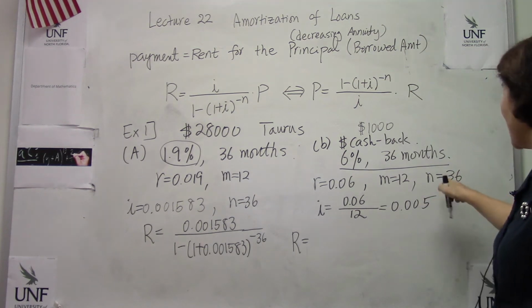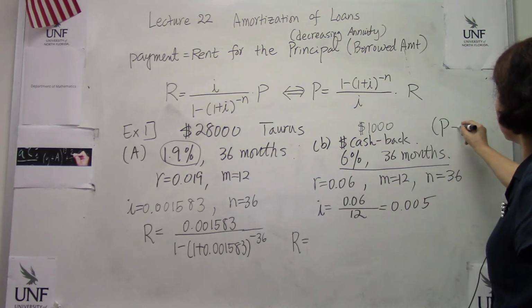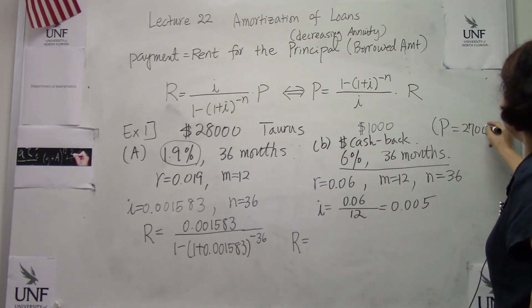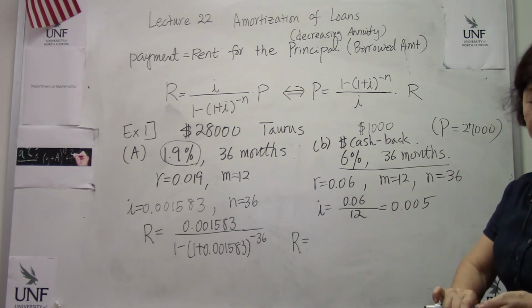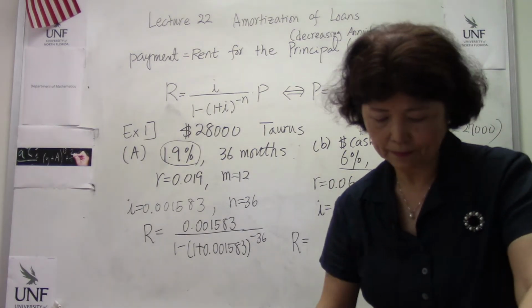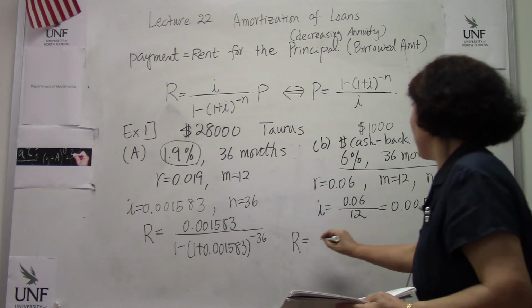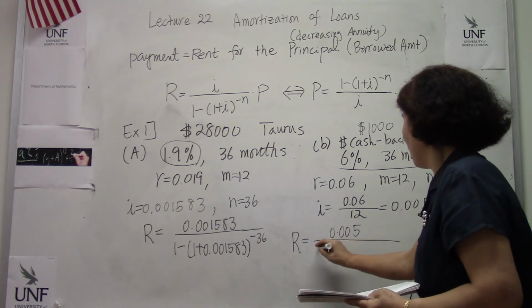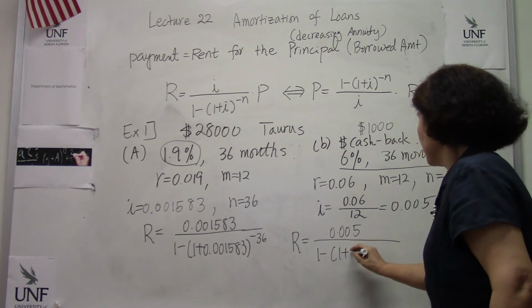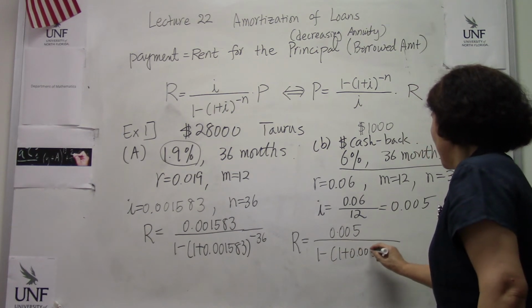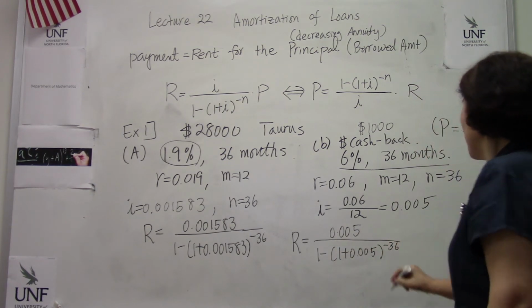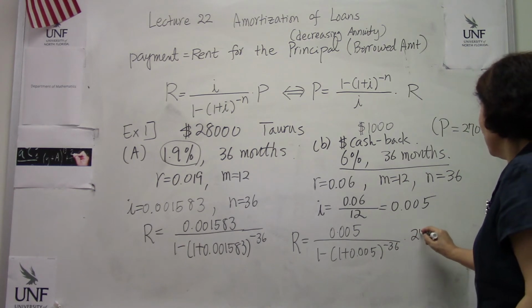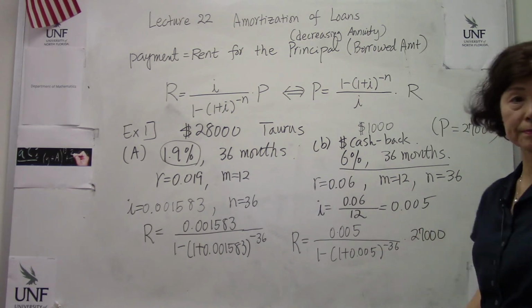But don't forget, here in this case, principal is 27,000. All right? So 0.005 over 1 minus 1 plus 0.005 to the negative 36 power, then multiply by 27,000.